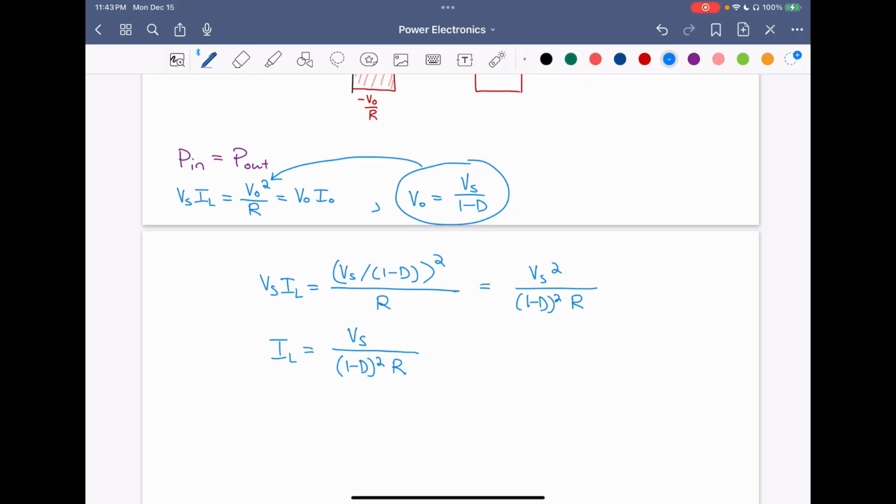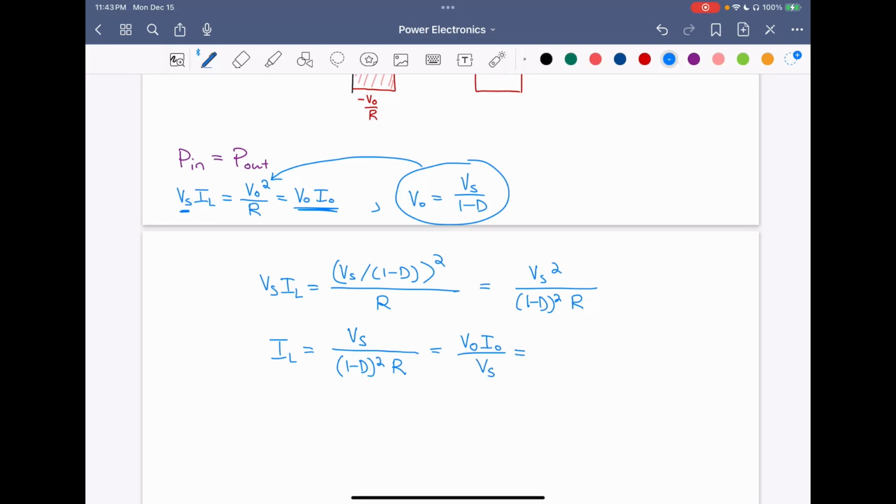Now we can also express the output voltage like before as V naught I naught. So we can also just divide both sides by Vs here to get IL. So this also equals V naught I naught over the source voltage.